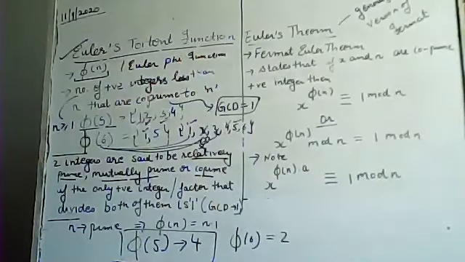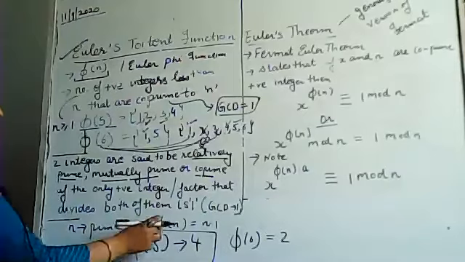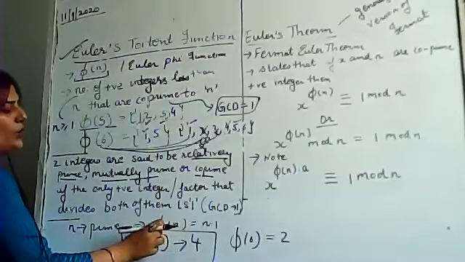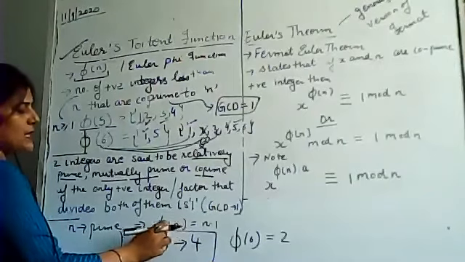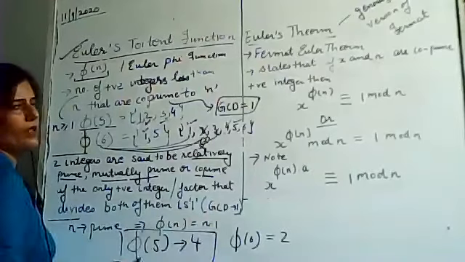Clear? So there are 2-3 things that you need to remember. Let me complete this particular thing, then I will explain. Now there is another method to calculate the totient function. When n is prime, the phi value of n, that is phi(n), is n minus 1.